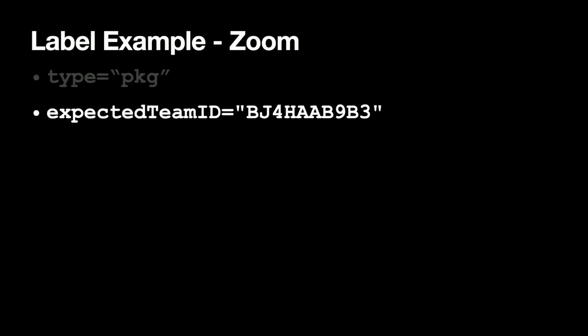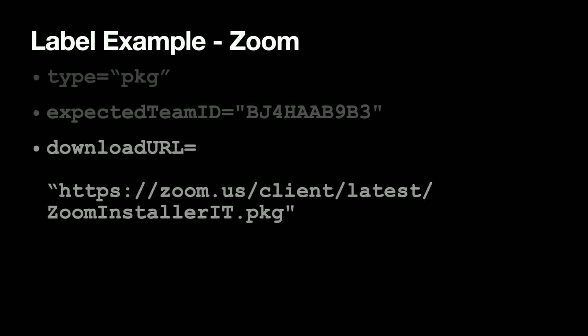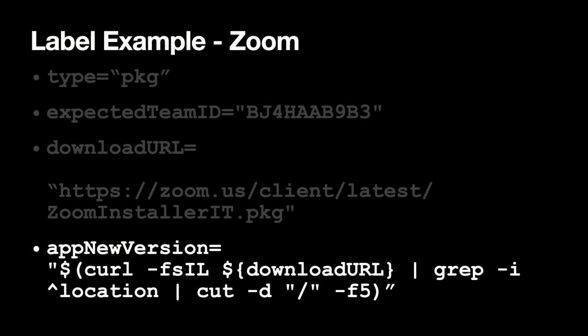Their expected team ID is published on their website, but you could also download the software and look at it to get that expected team identifier. Zoom gives us a static download URL. This is one URL, it never changes, and it always forwards to whatever the latest package is that they're offering. And the last part I want to talk about is the app new version.